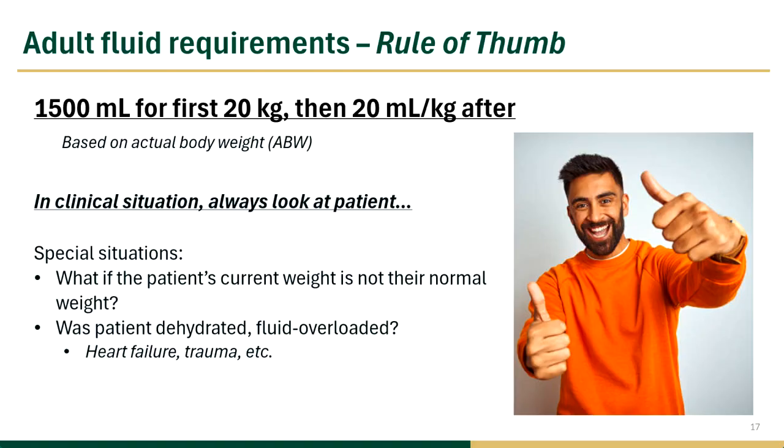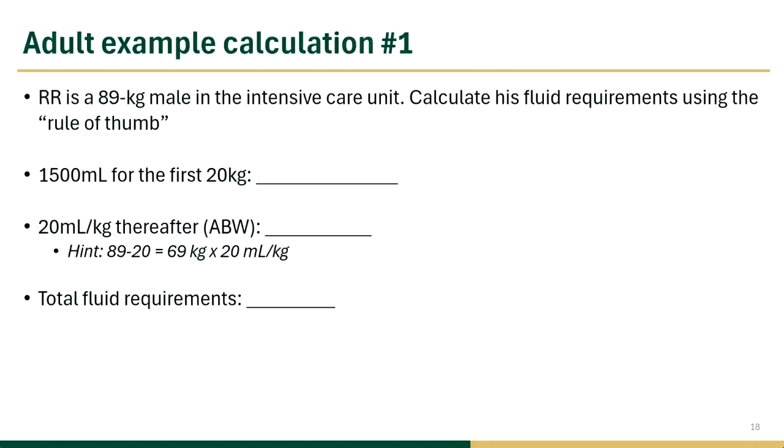So let's take our first example calculation. RR is an 89 kilo male in the ICU. Calculate his fluid requirements using the rule of thumb. So we have first the 1500 mils for the first 20 kilos. And then 20 mils per kilo thereafter. So what we do is we take the patient's weight, we subtract 20 from it.